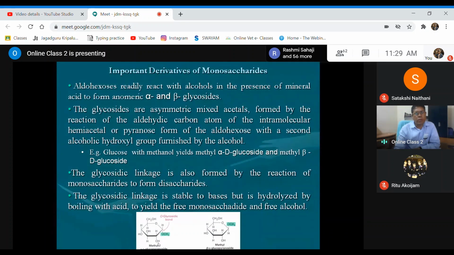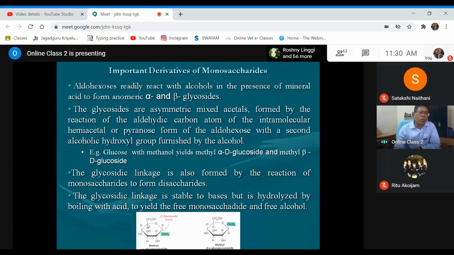So it will be linked to the OH group attached to carbon number 2, 3, 4, and so on. Since there are 5 OH groups, that is 1, 2, 3, 4, 5, that is the OH group attached to carbon number 1, carbon number 2, carbon number 3, carbon number 4, and carbon number 6.